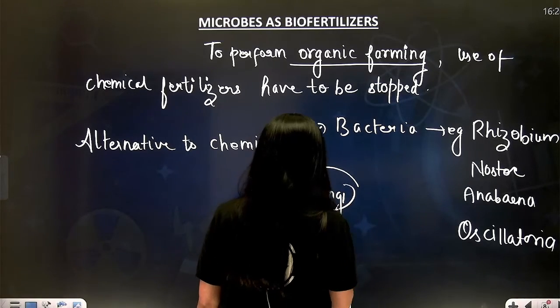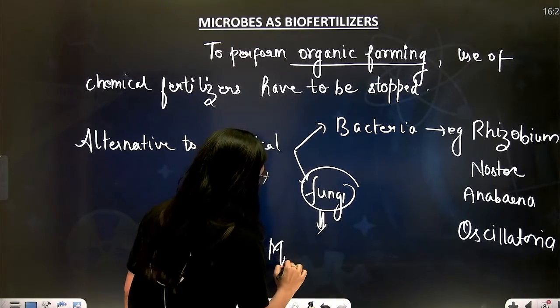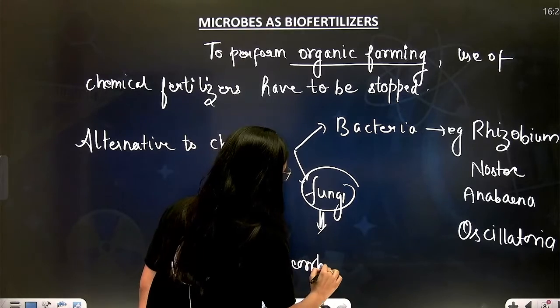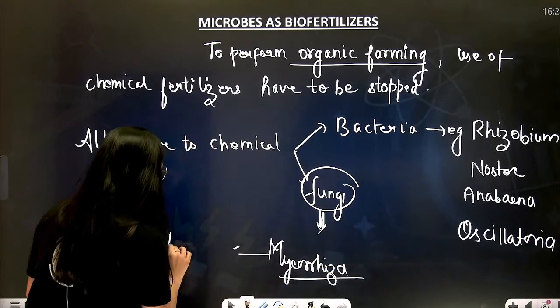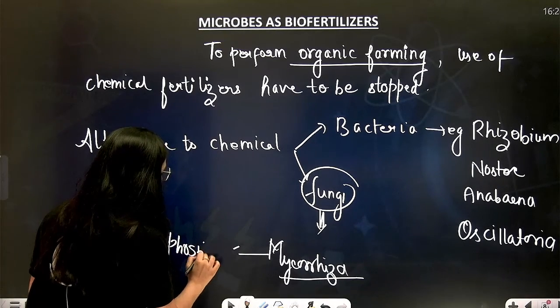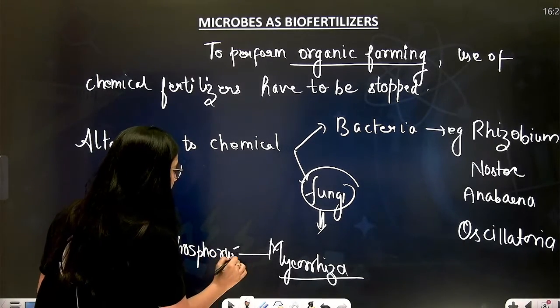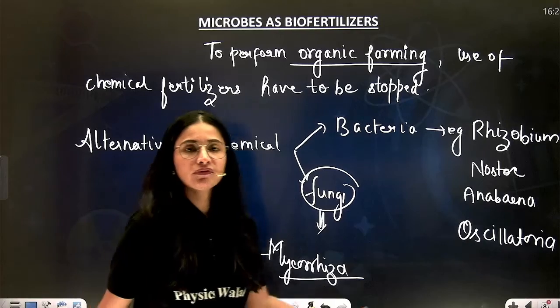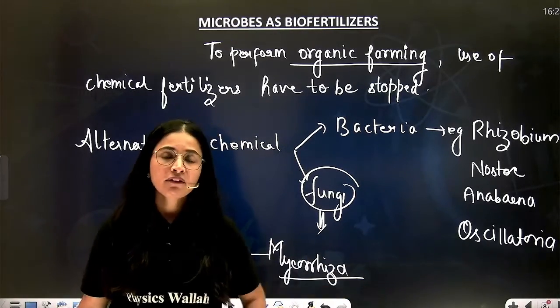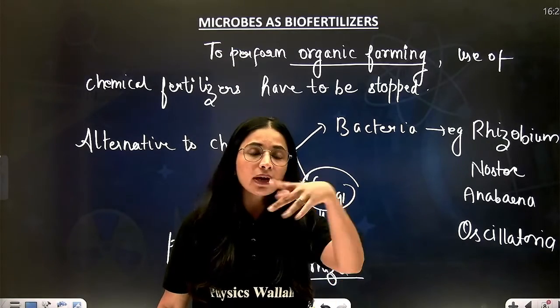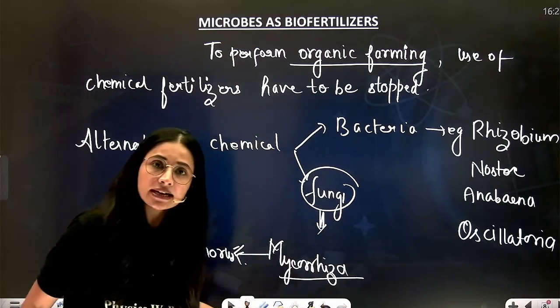Forming mycorrhizal association. In mycorrhiza, the fungi is responsible for absorbing more and more phosphorus from the soil and directly providing it to the plant. So when fungi is providing phosphorus to the plant, why will you add chemicals to provide phosphorus to the plant when fungi is doing it?